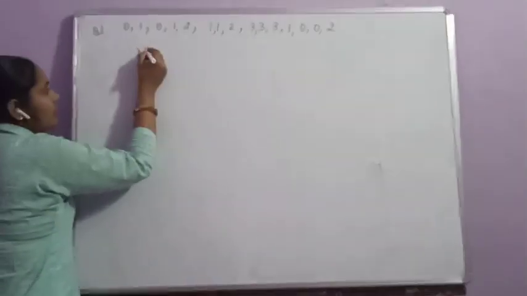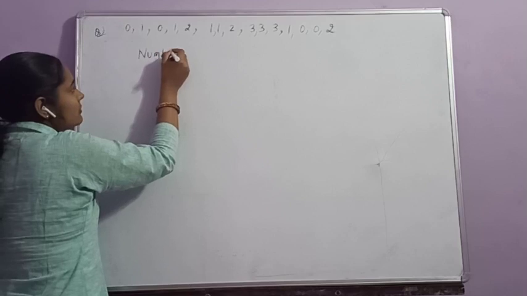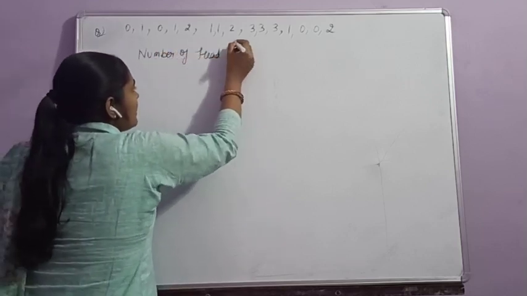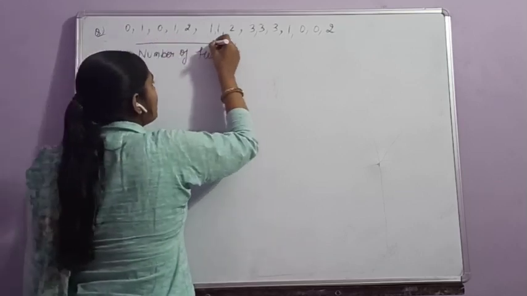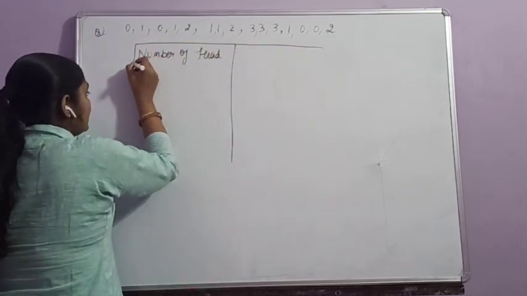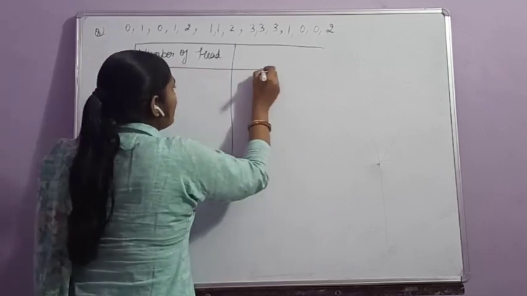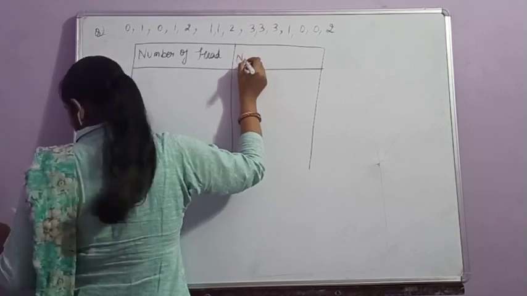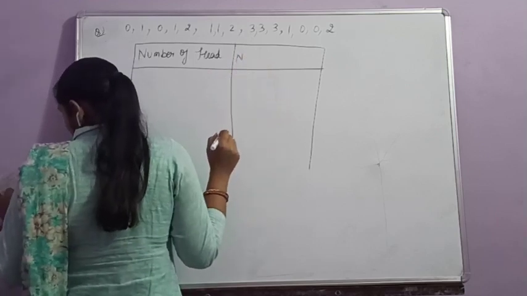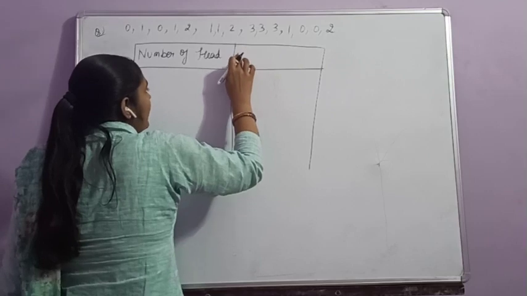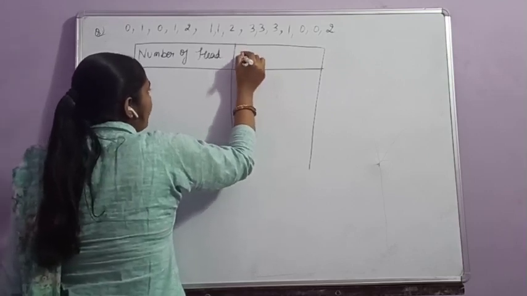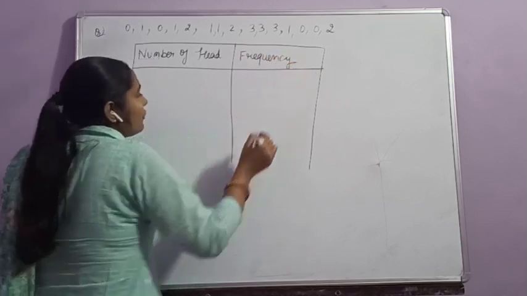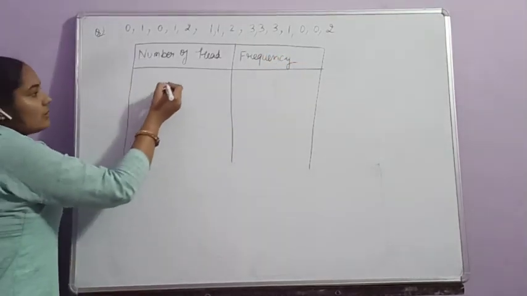Here we write the number of heads, and second we write the number of times head occurs, or you can write frequency. Frequency of occurring head.